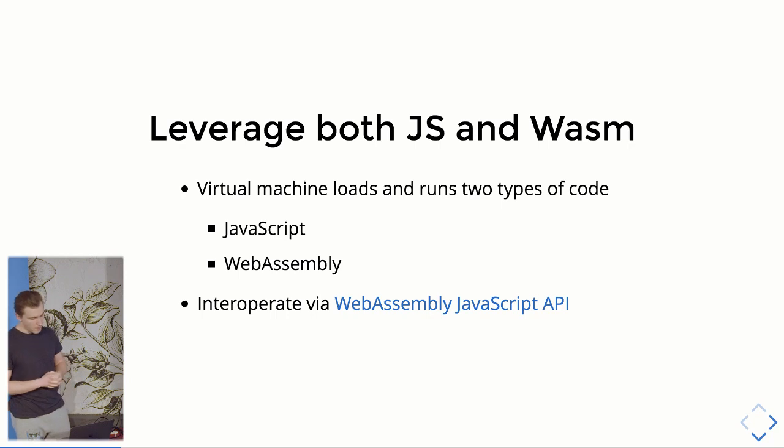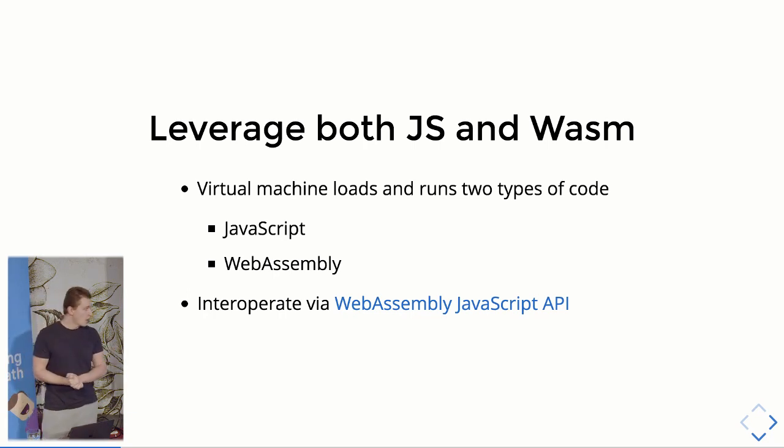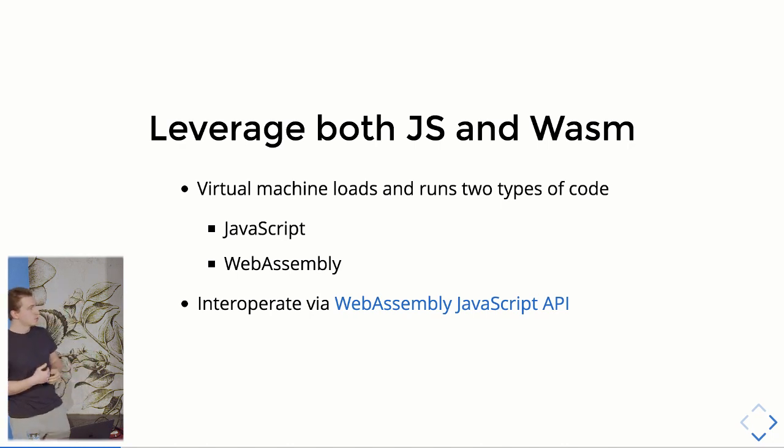So when WebAssembly was shipped to the browsers, the virtual machine got an ability to load two types of code: regular JavaScript that we all know and love, and WebAssembly bytecode. WebAssembly was not designed to replace JavaScript, and currently only JavaScript has access to those web APIs that I was speaking about previously.